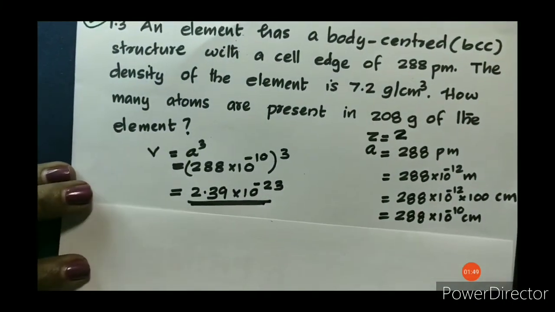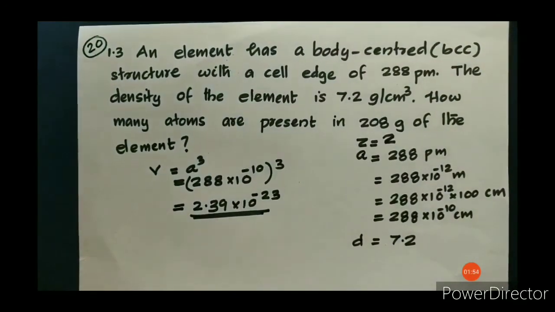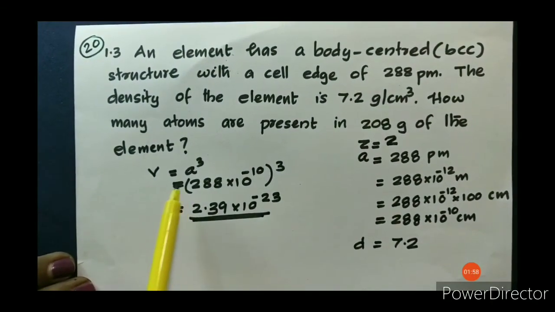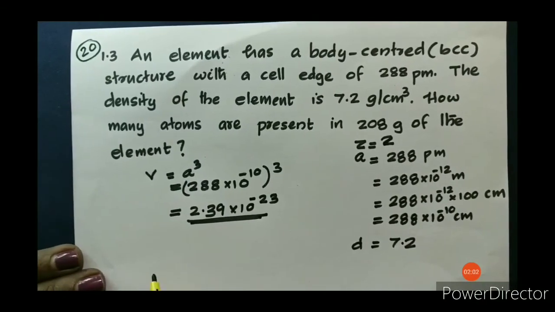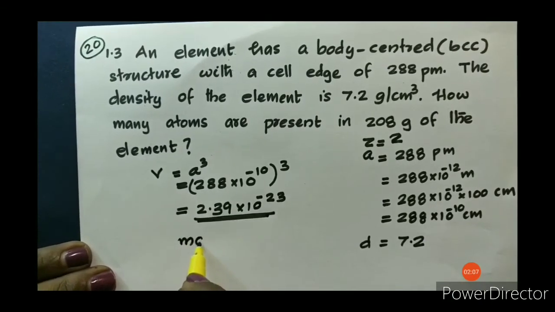Then next step, we calculate the volume of 208 gram of the element. Here mass is given 208 gram and the density is also given 7.2 gram per centimeter cube. Then we know density is equal to mass by volume.